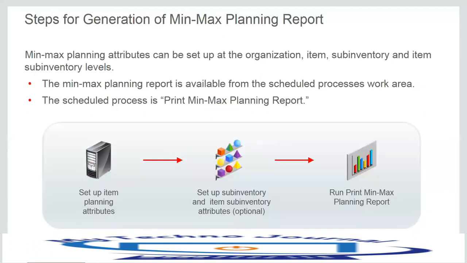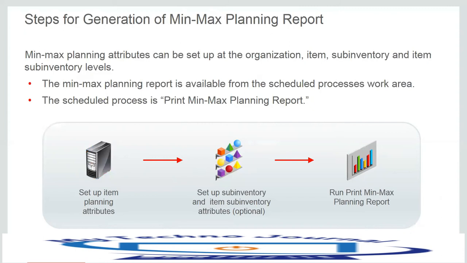Once you have set the attributes either at the organization level or at the subinventory level for the min-max, you have to run a particular report. The name of the report is Print Min-Max Planning Report. You can run it on demand or you can even schedule this particular report.